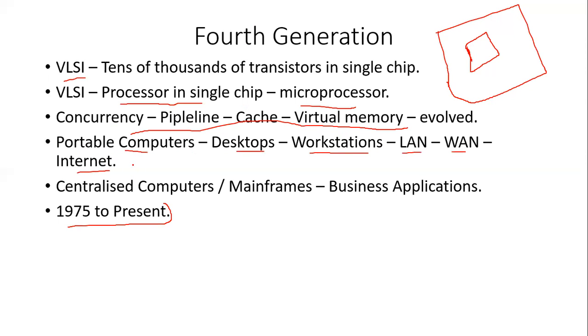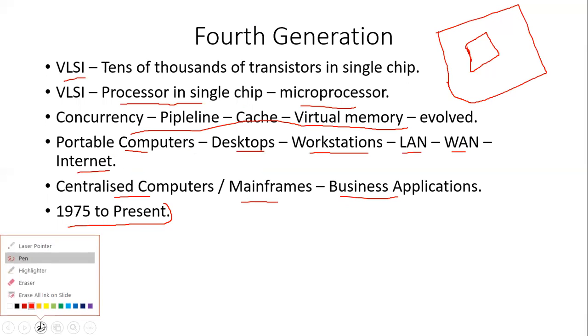So mostly the computer size is getting reduced. Before the fourth generation, computers used to be very big. Nowadays, centralized computers or big mainframes are used only for business applications by huge organizations. So this is about the various generations of computers.